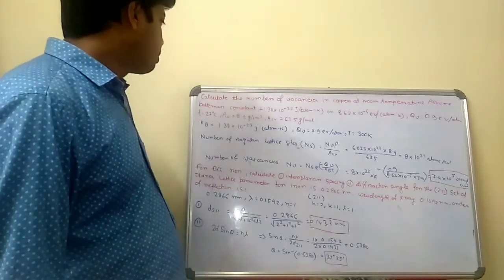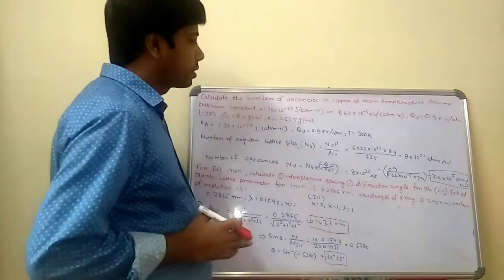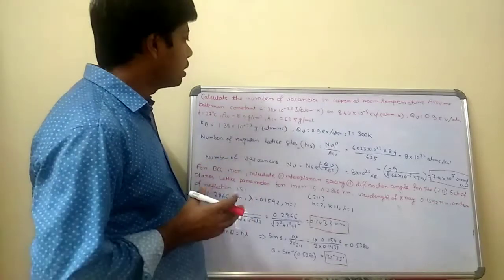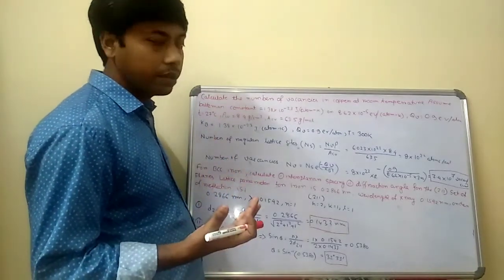is the temperature at which the point defect occurs or vacancies are formed. In this problem, we have to calculate the number of vacancies in copper at room temperature.